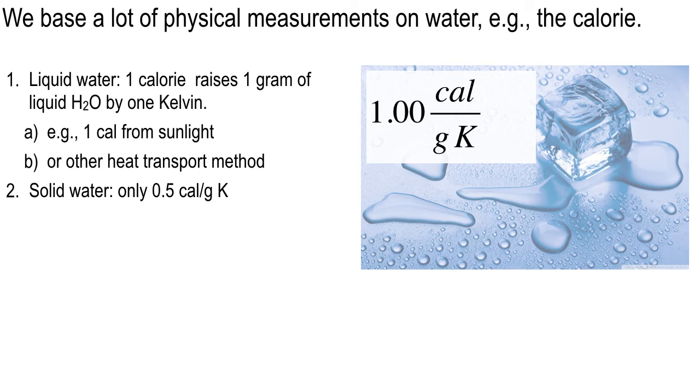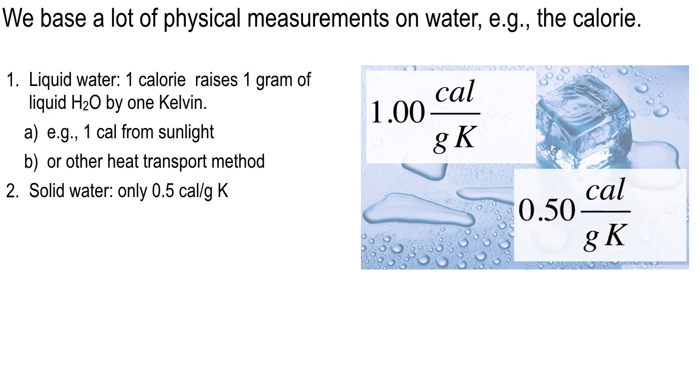So if you have a 1 gram ice cube at like minus 10 Celsius, so really cold, and you want to raise it up to minus 9 Celsius, it takes half a calorie to do it. Right? And every substance is different. But we would write it down this way, 0.50 calories per gram Kelvin.